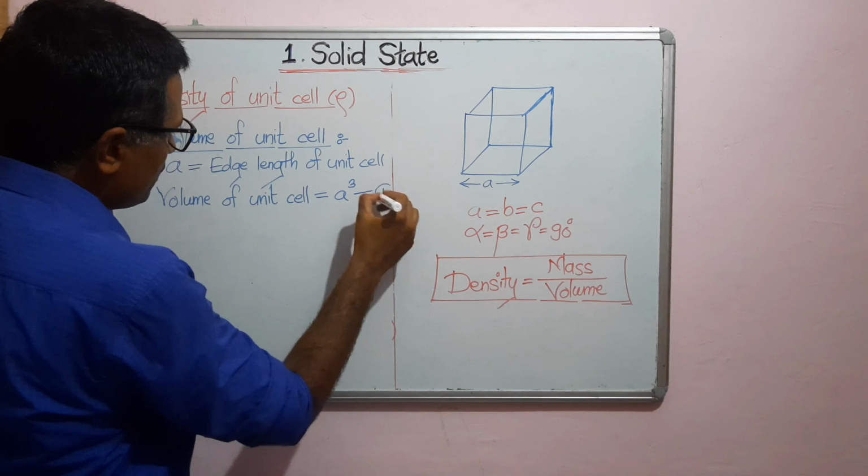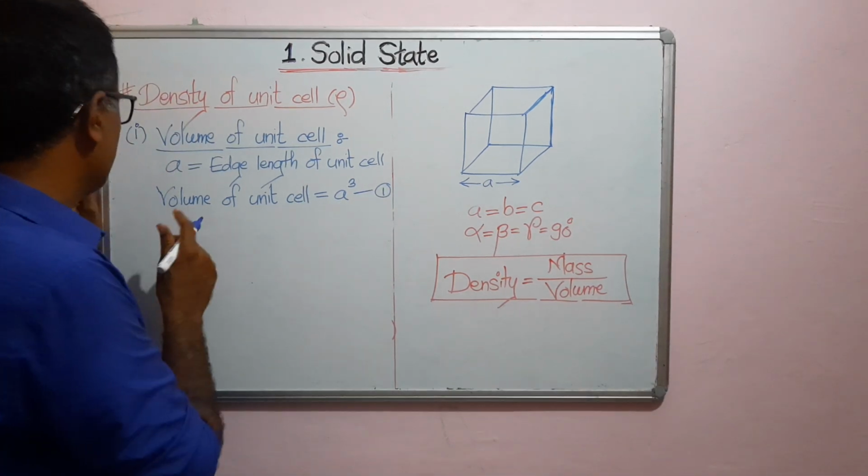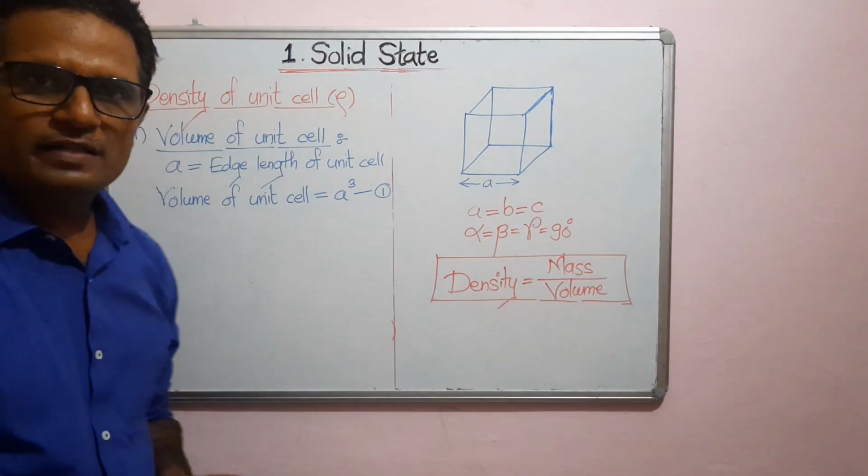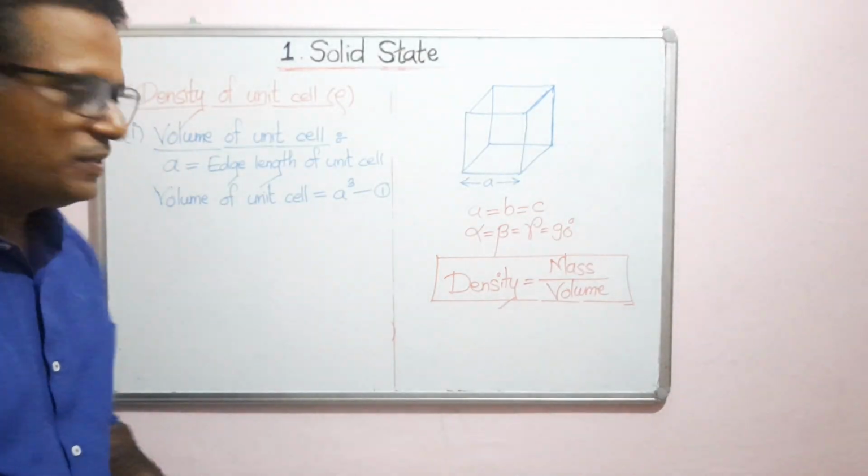So this is step 1, and that is about the volume of unit cell.